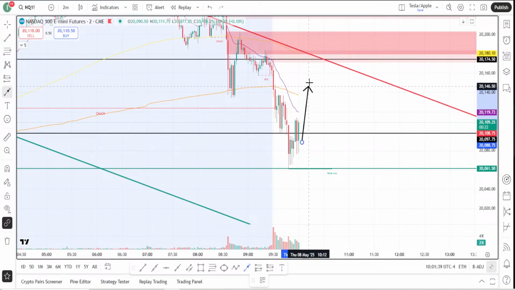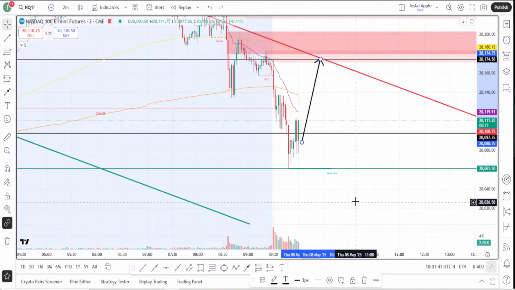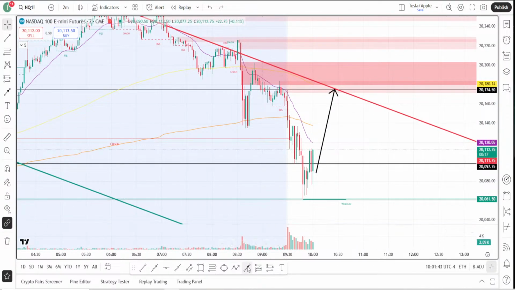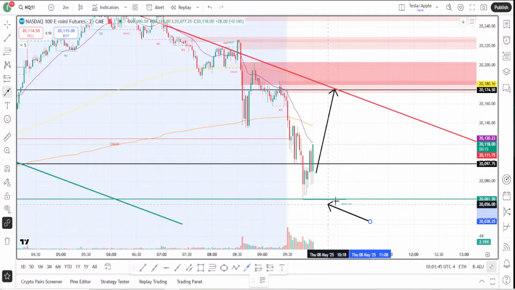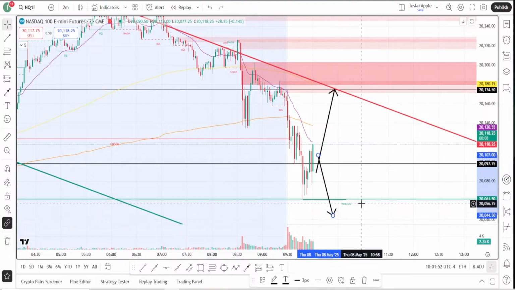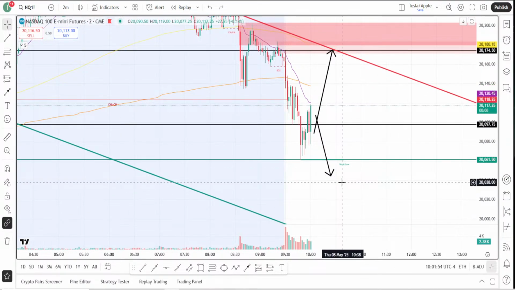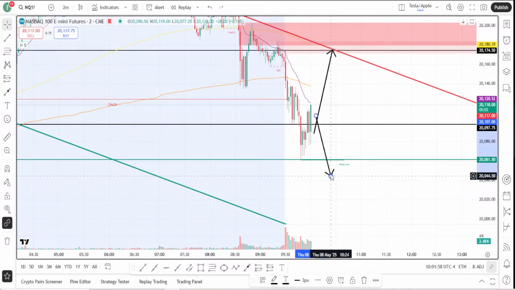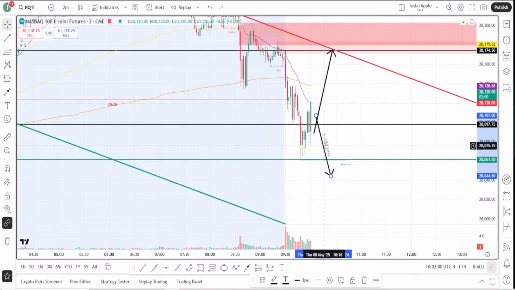If price comes up here, I might look for shorts. If price breaks this support here, I might look for shorts. If it gets here, I might look for shorts. If it gets here, I might look for shorts.